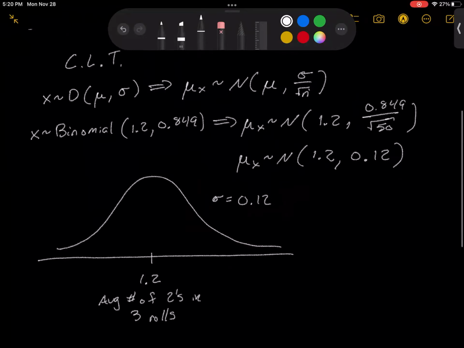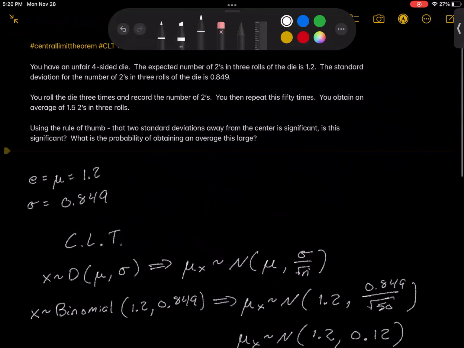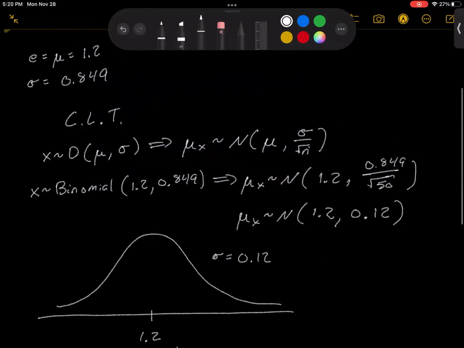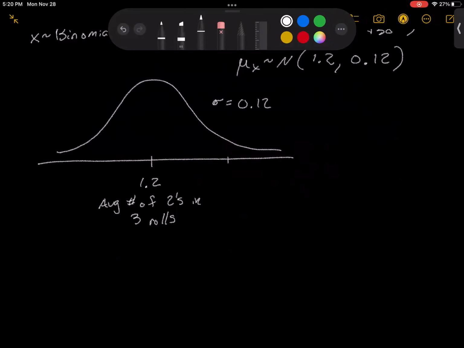Okay, so the first question, using the rule of thumb that 2 standard deviations away from the center is significant, is this significant, the fact that we have an average number of twos of 1.5? So 1.5 compared to 1.2, that's somewhere over here. The question is, is it 2 standard deviations away? So if I take 1.2 and I add 2 of my standard deviations, well, this is the distribution of the average number of twos.